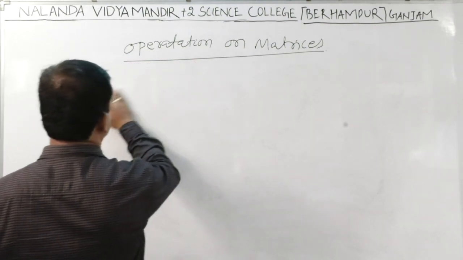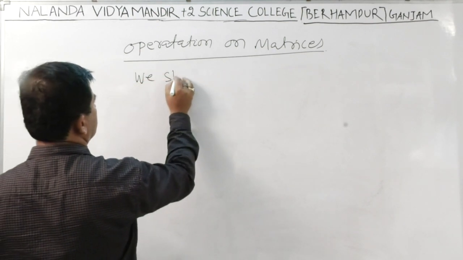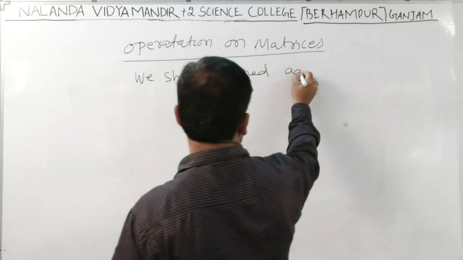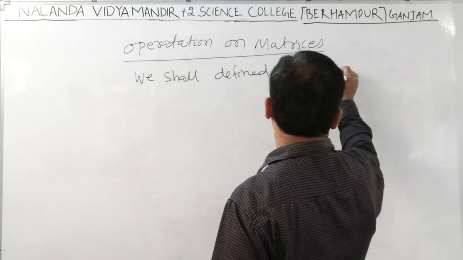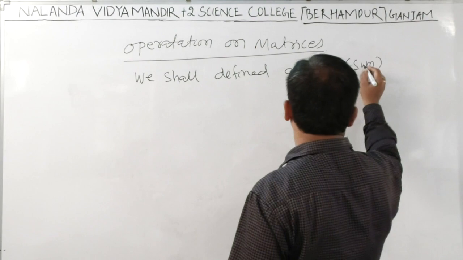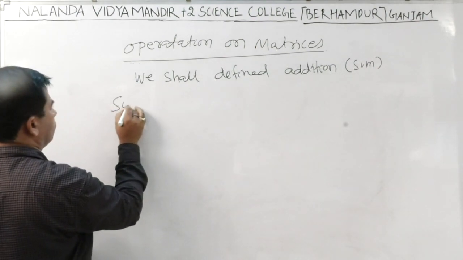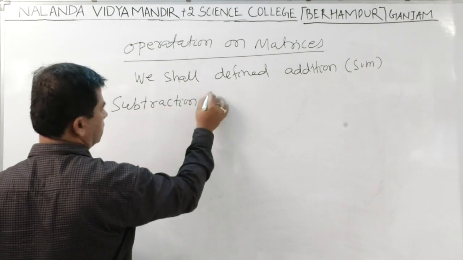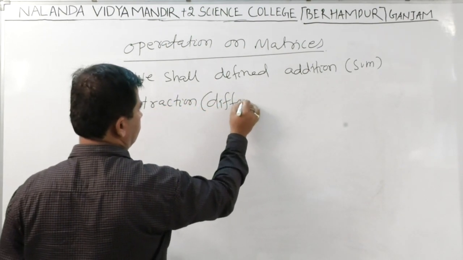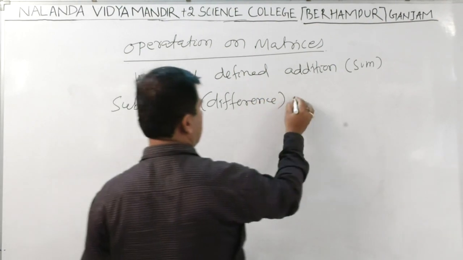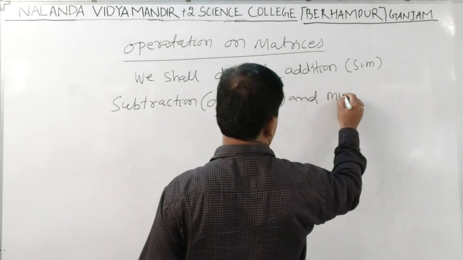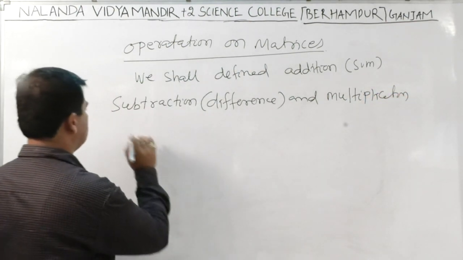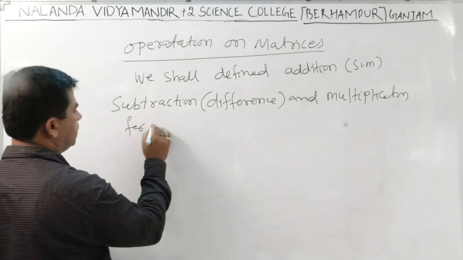For matrices we shall define addition or sum, subtraction or difference, and multiplication.